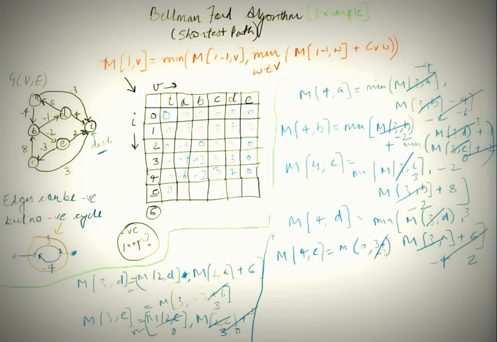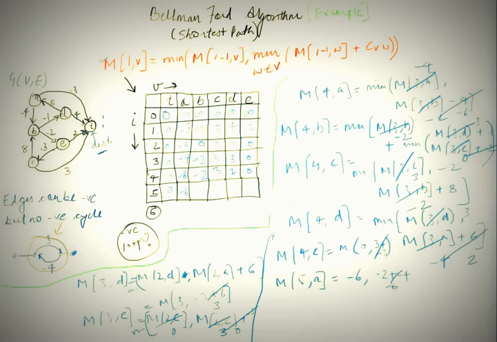Now the last row, A,T, would be M5,A is equal to M4,A, which is minus 6, or A is connected to B. B's value is minus 2 plus the distance AB, minus 4. Hence the value will remain minus 6 here.